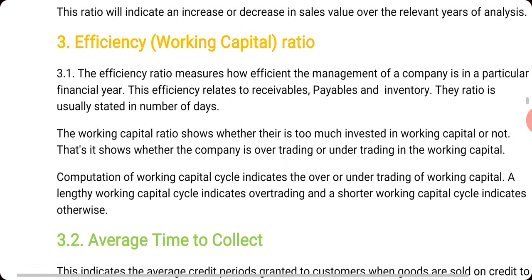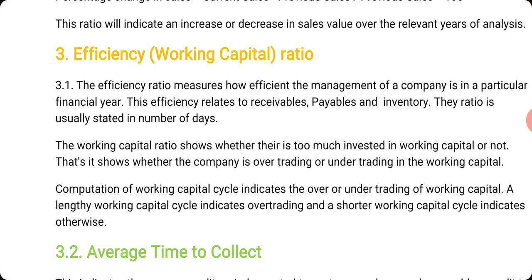Although there is no perfect benchmark upon which we can determine that this is high or low, because the standard never gave any. However, industrial average would always provide a guide towards determination of overinvestment or underinvestment in the working capital of the company. Then one would ask, what is cash operating cycle?